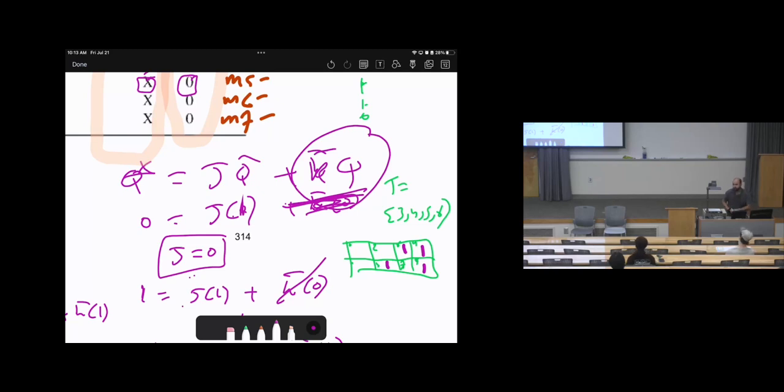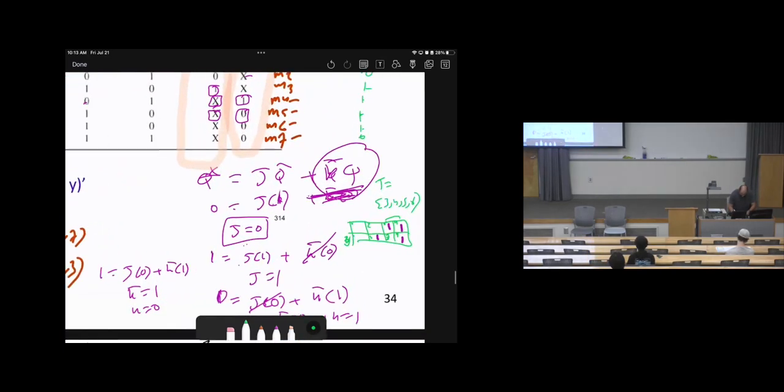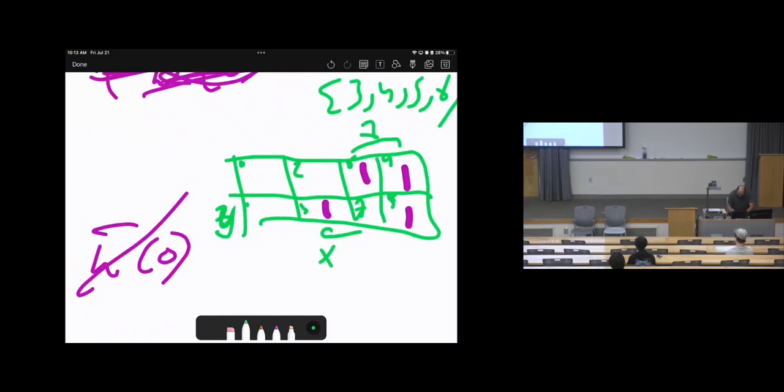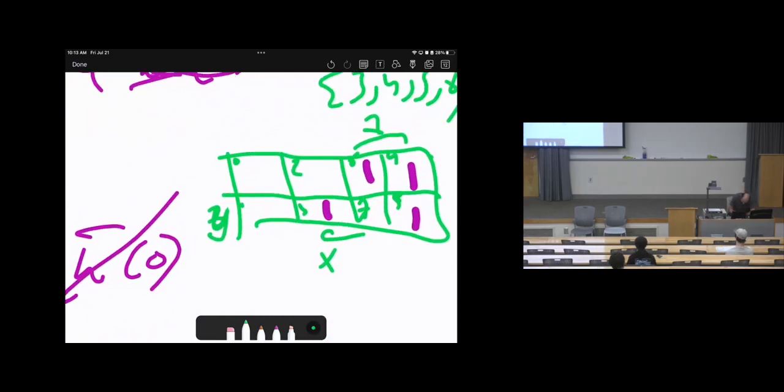Then we can do the simplification. Here is Z, no, I think this is Y, let me make sure, here is Z, and here is X. So we can do it this way, group these two.